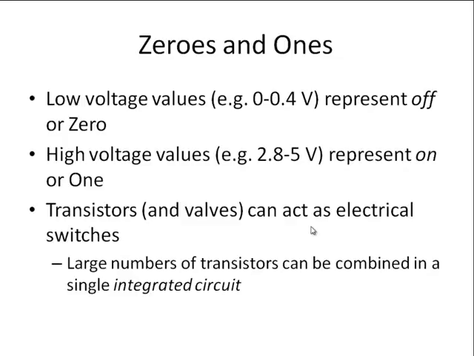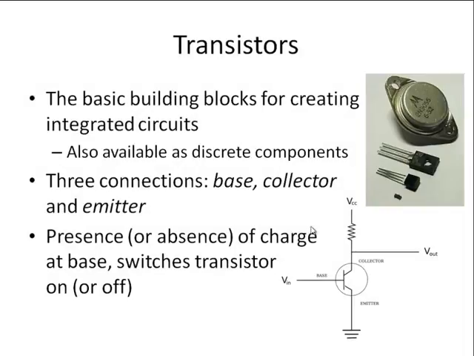And a large number of transistors can be combined into a single integrated circuit. This is where computers really get their power, by being able to combine millions of transistors into a single integrated circuit. So transistors are our basic building blocks for creating integrated circuits. And we can actually buy these as discrete components. So in the picture there we can see a few different transistors, and each of those is a single transistor.